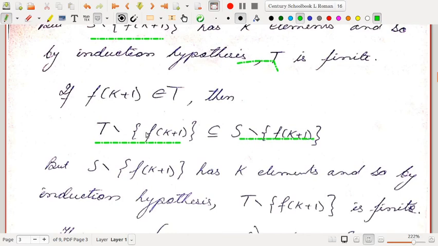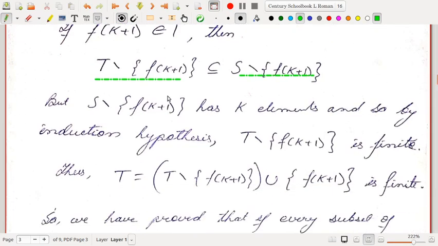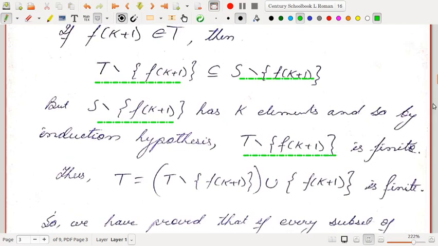Removing f(k+1) from T, as well as from S, doesn't make any difference because f(k+1) is an element inside T. So you remove f(k+1), it is still a subset of S minus f(k+1). But S minus f(k+1) again has k elements, and so by the induction hypothesis T minus f(k+1) is finite.